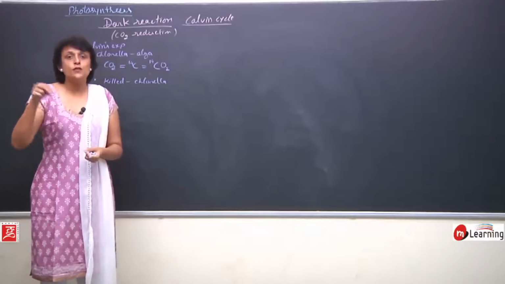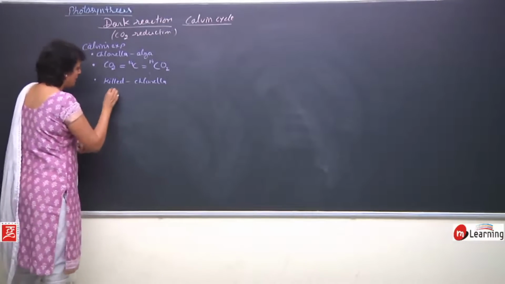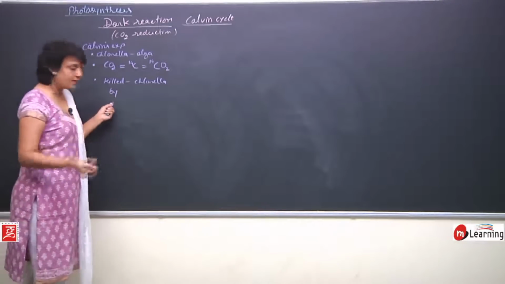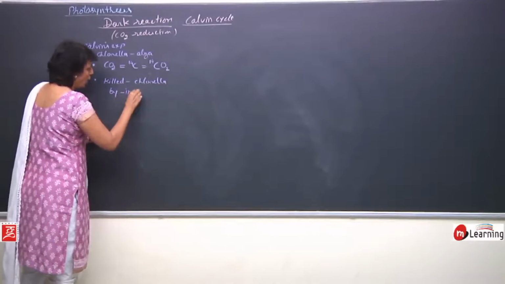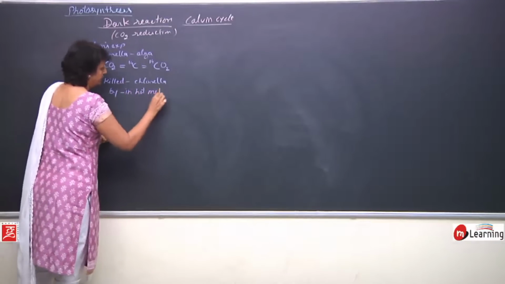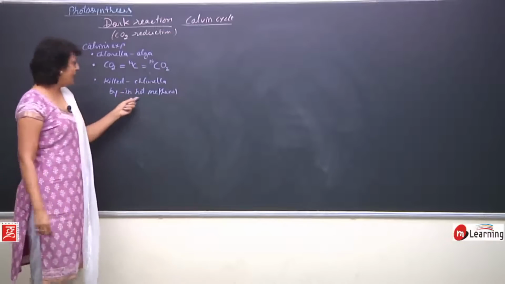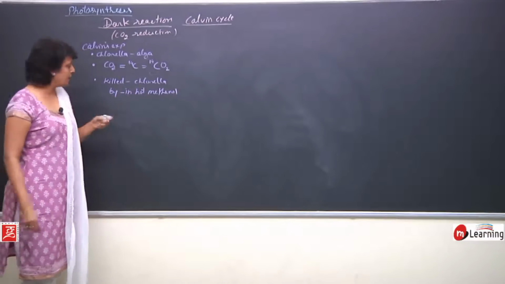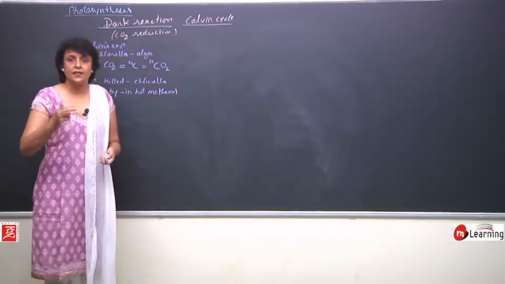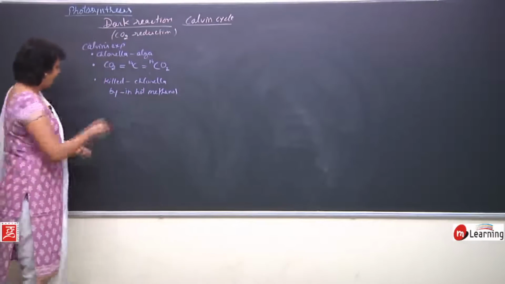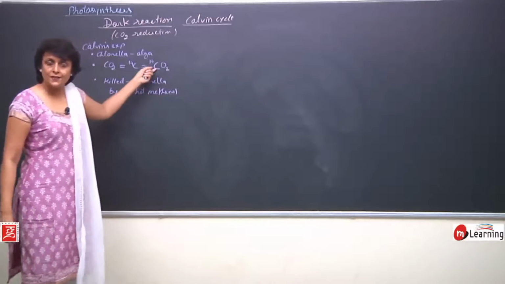After every few seconds, some extract was taken out and he killed the chlorella by dipping it in hot methanol, maybe after 5 seconds, then 10, then 15 and so on. And then he analyzed this radioactive carbon.